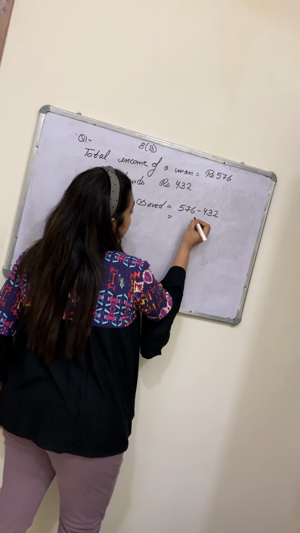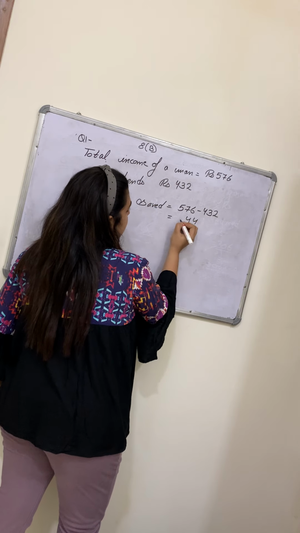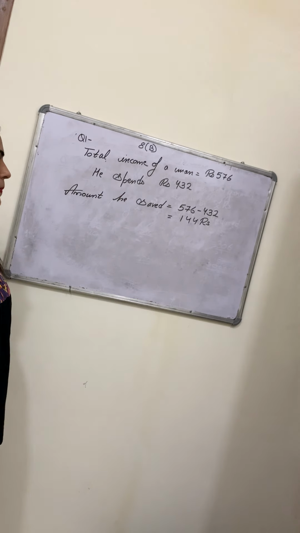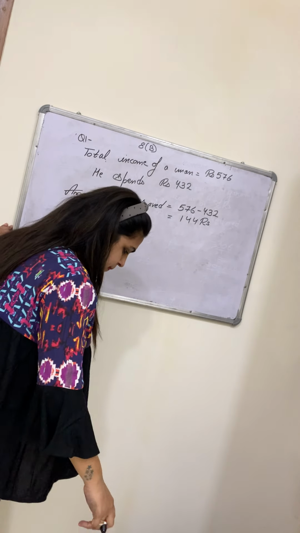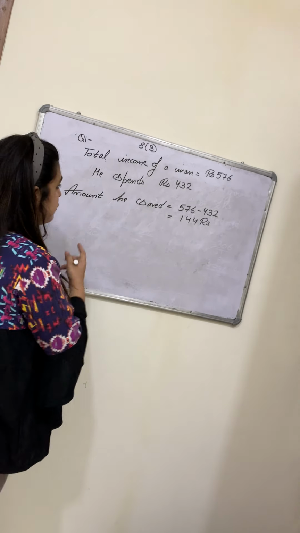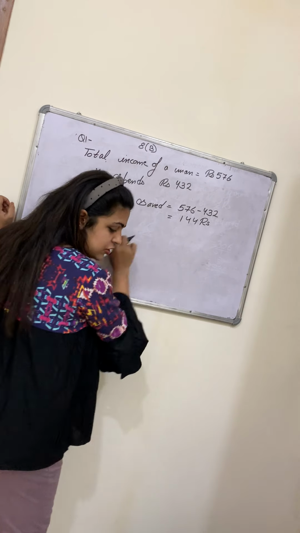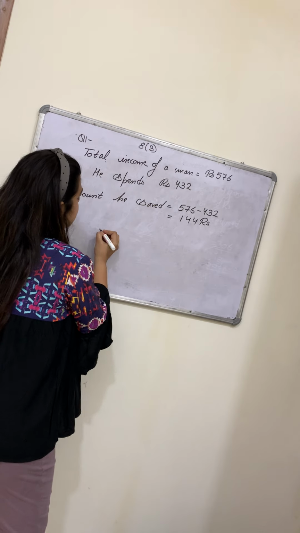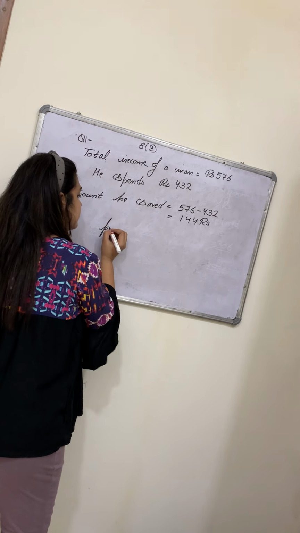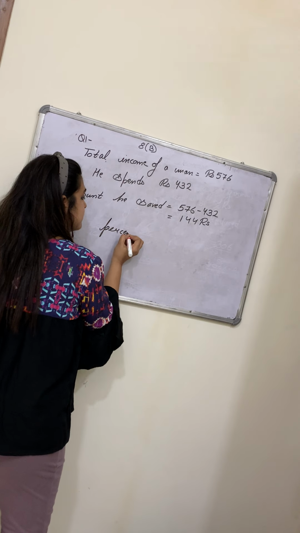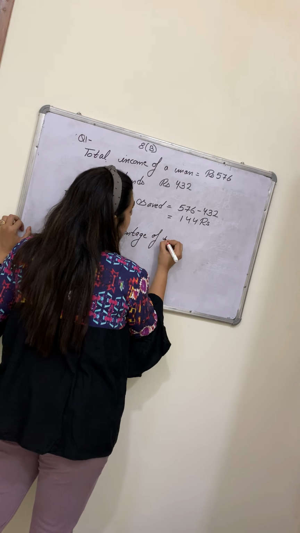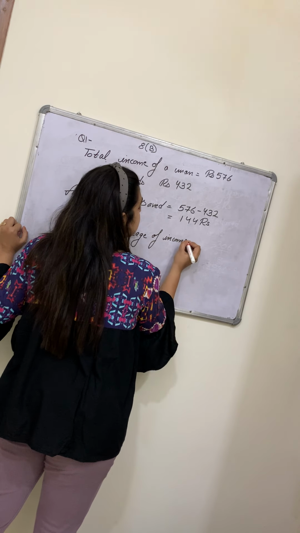That will be 144 rupees. This much amount he has saved. Now we have to find the percentage of this amount, right? So the percentage of the amount he saved out of the income.